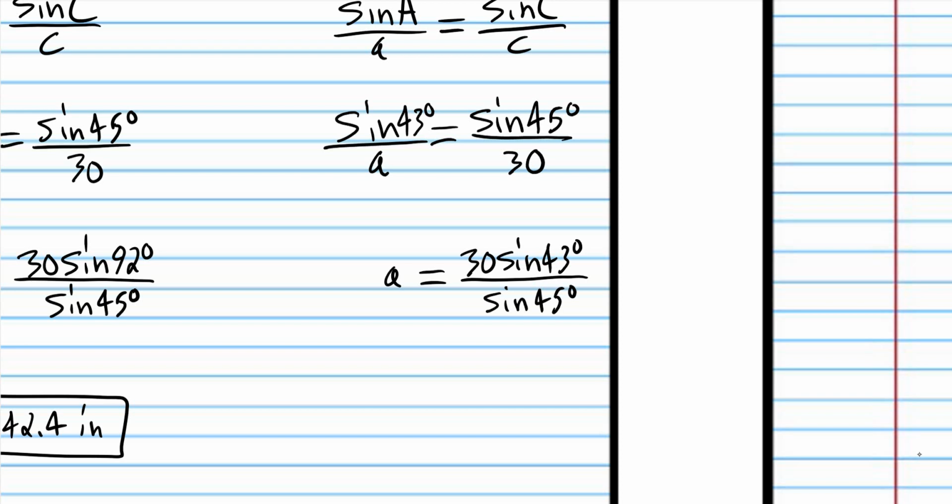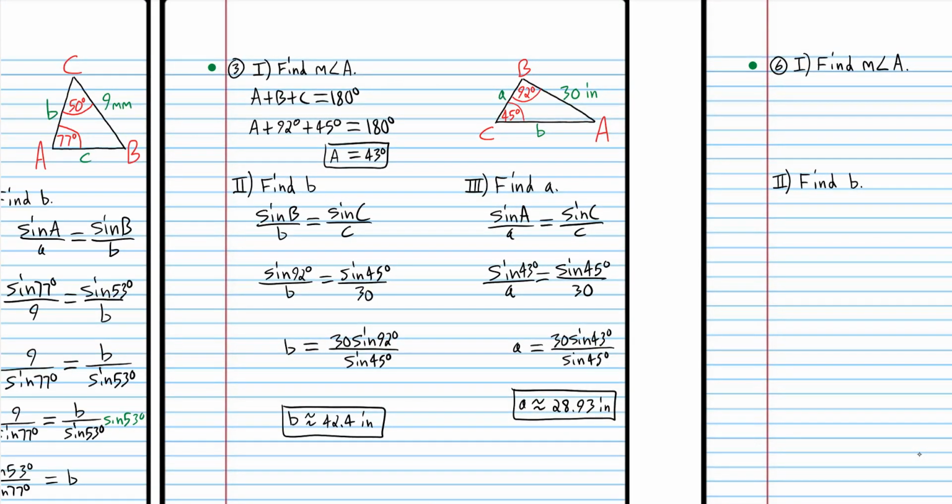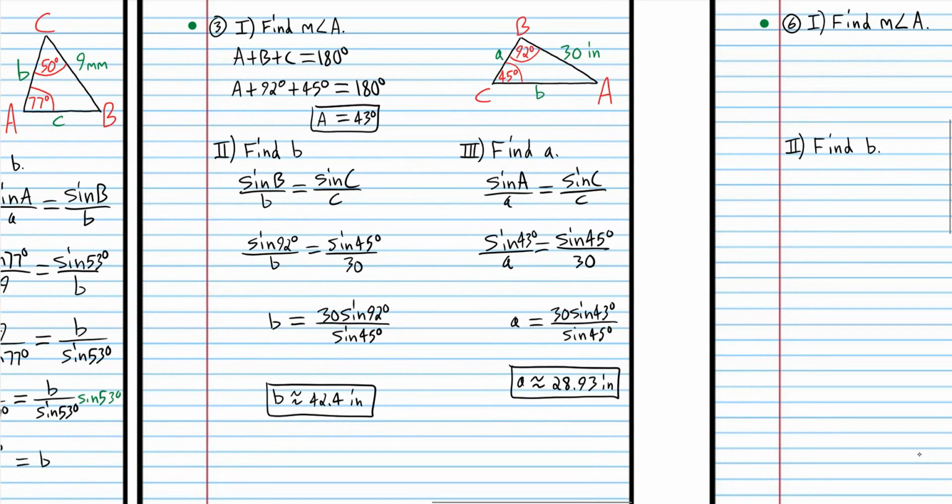So 30 times sine 43, enter, divided by sine 45, enter, and we get 28.93. And that is inches. So if you got that right, excellent.